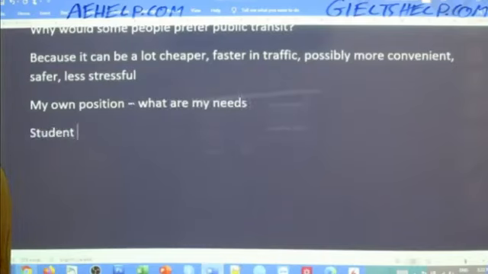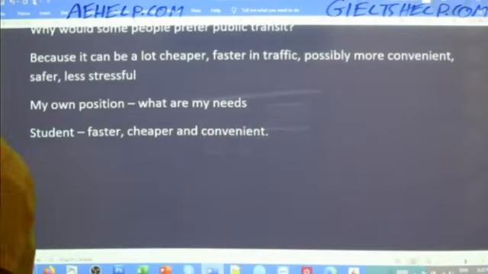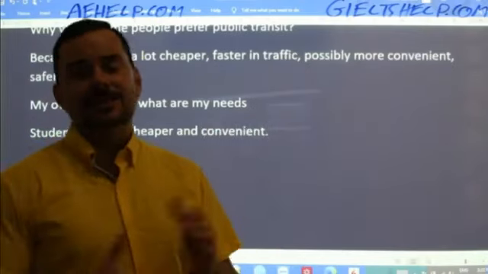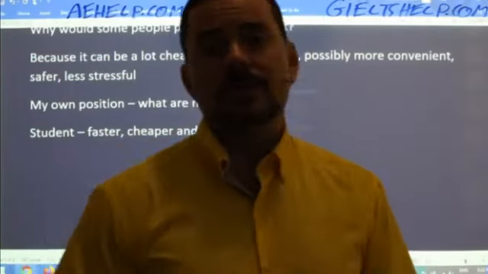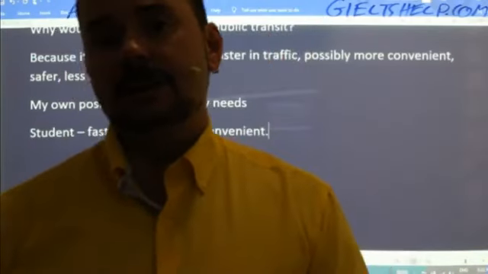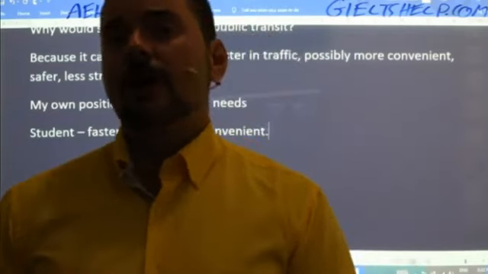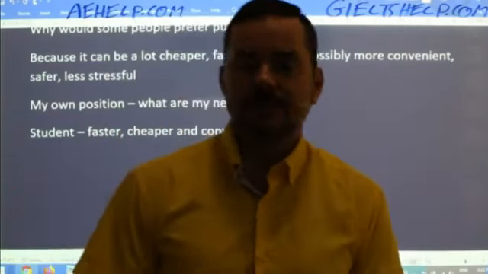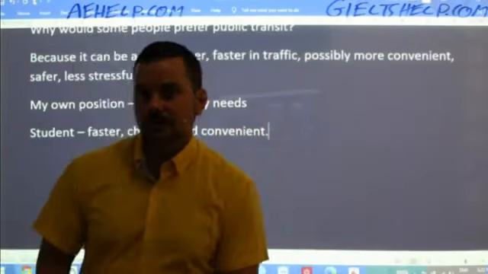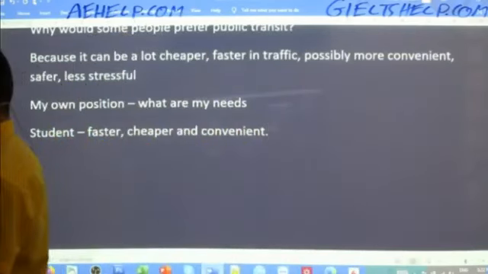So student: faster, cheaper, and convenient. I'm going to say I'm a student in this case. I use public transport to go to university and back, and in this way, it's a lot more logical, rational for me to use public transit.